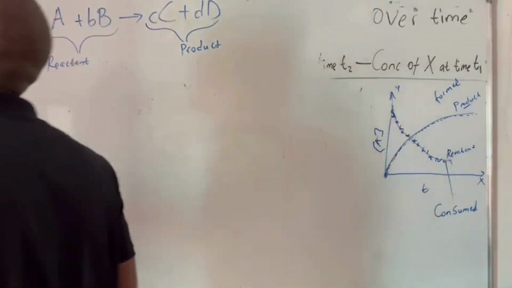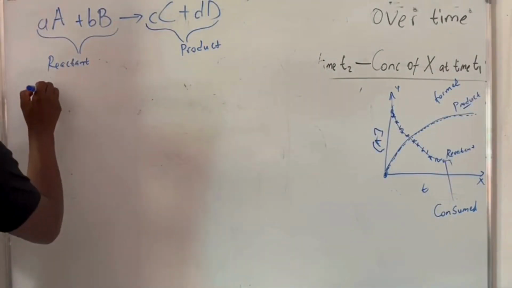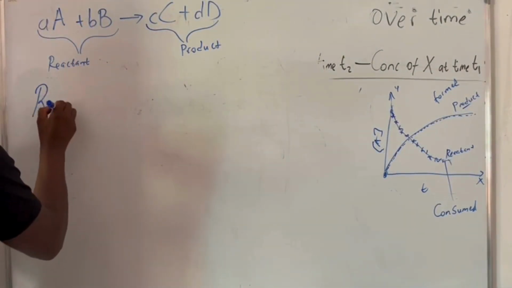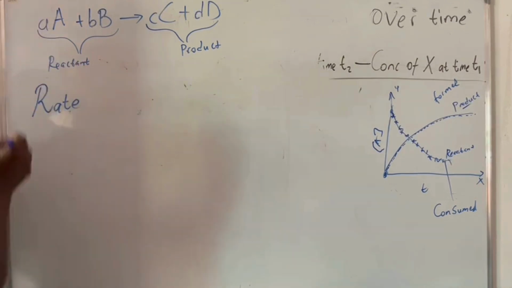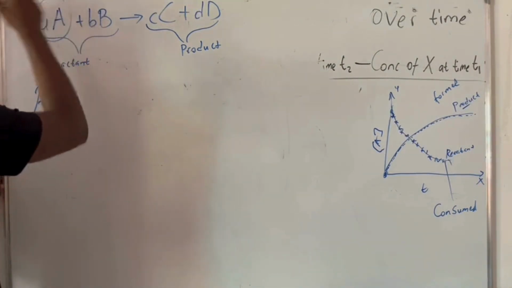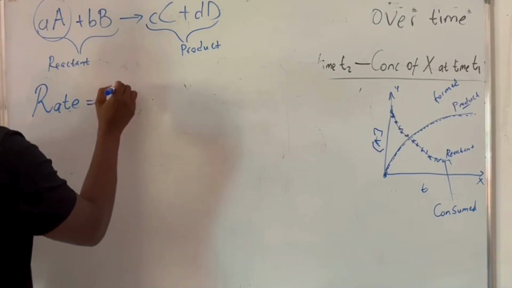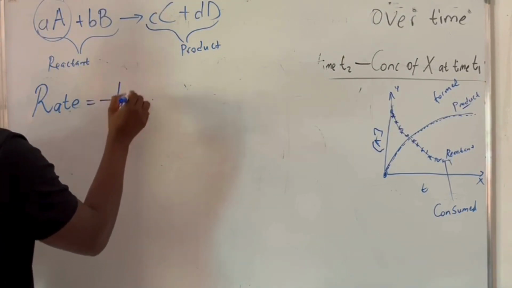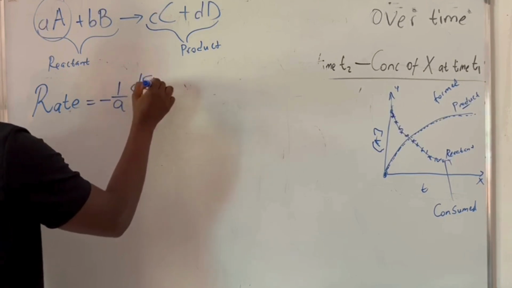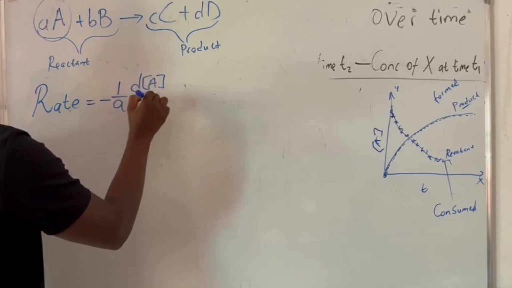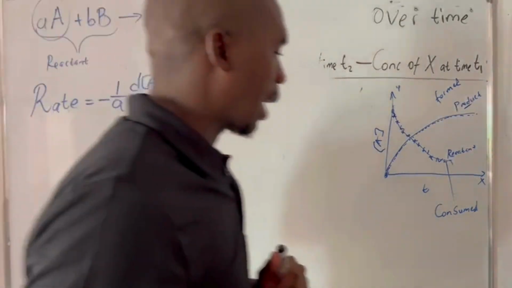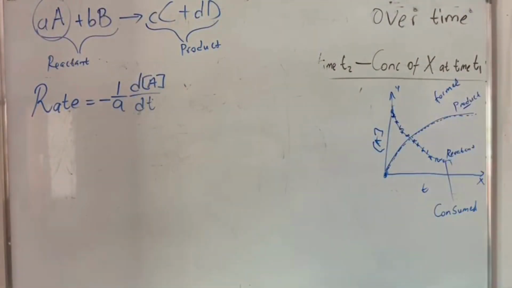So the rate of the reaction can be defined using the general formula, and the general formula will go like this to say, let's start with this one here, the rate of this one will be equal to negative 1 over a, d[A] over dt. So I want you to analyze what I wrote here and analyze how I came to that conclusion to say it will be like this.